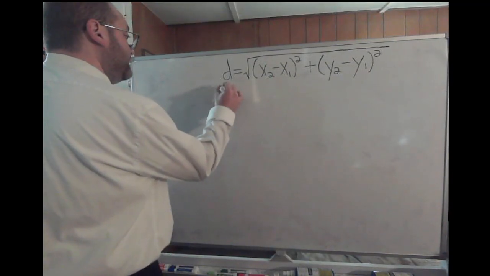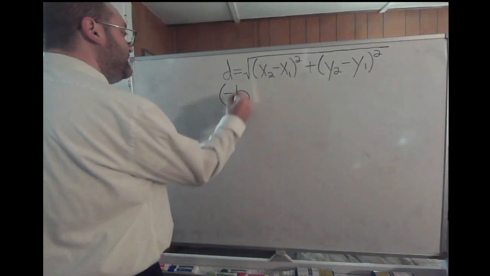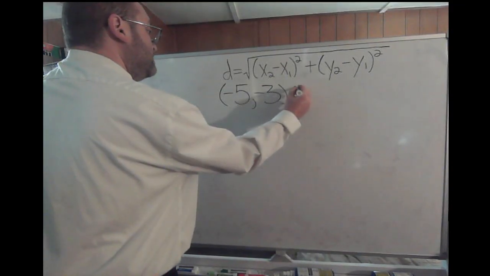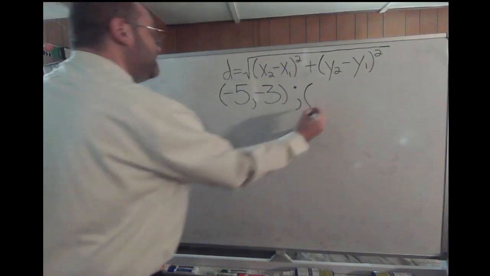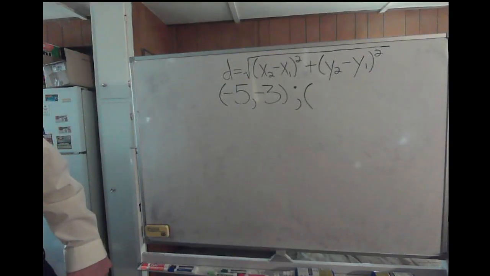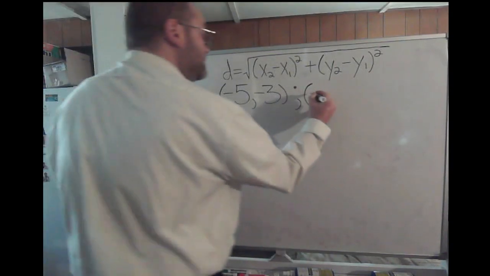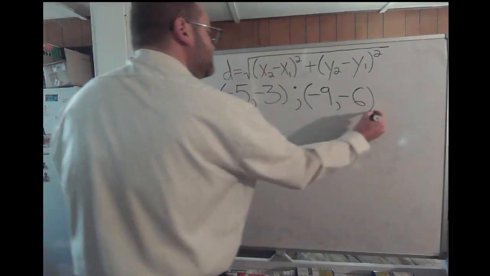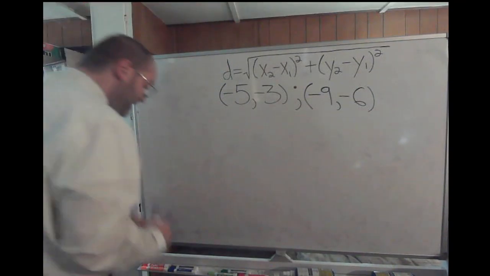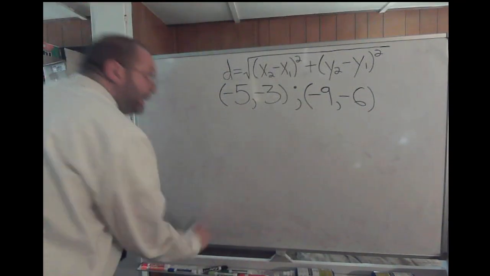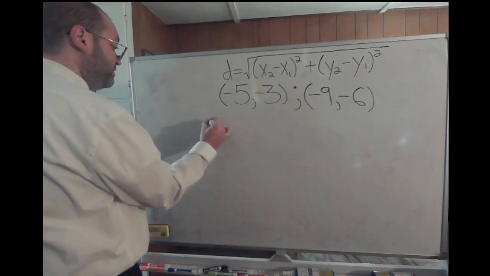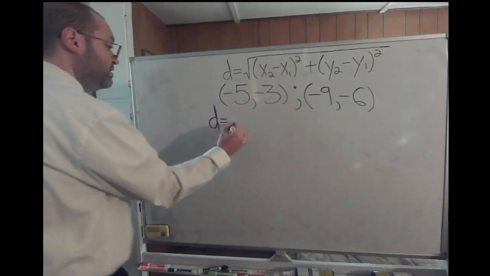Alright, let's see. Distance between (-5, -3) and (-9, -6). So now we've got to find the distance between (-5, -3) and (-9, -6). So we'll set up our distance formula here.